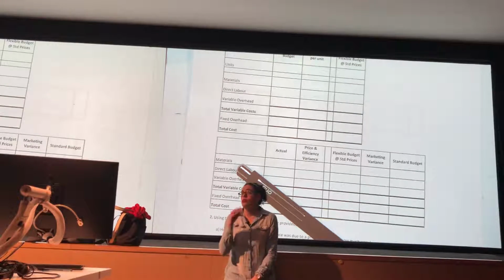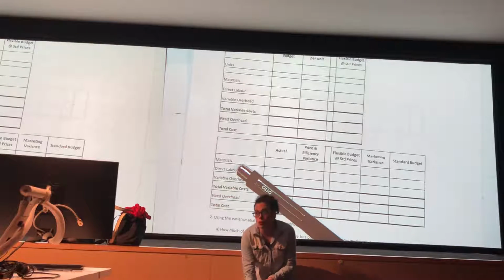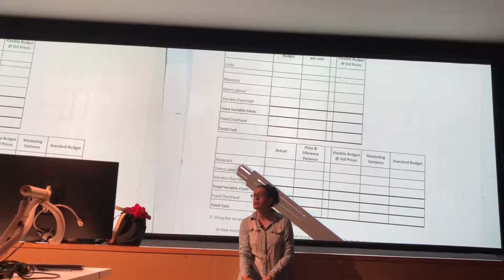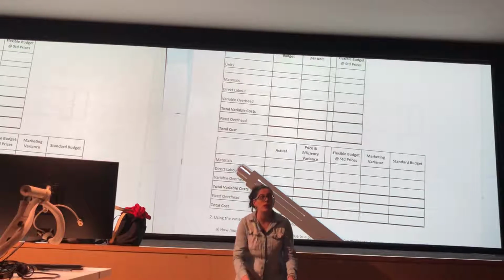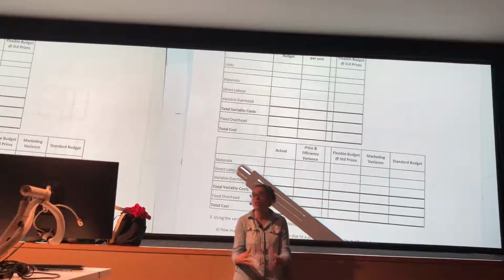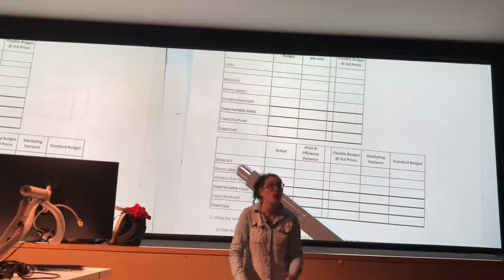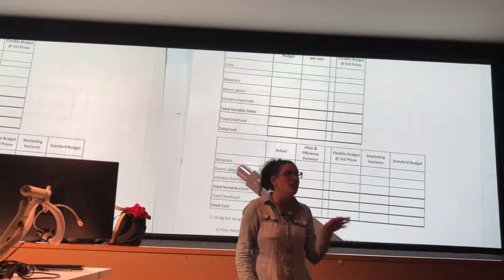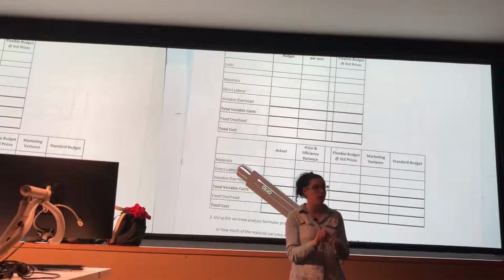Now we're going to actually look and say, we thought we were going to use 2 kilos of steel, but we used 2.1 kilos. We thought the steel would be $5 per kilo, and it was actually $6. We are actually going down the hidey hole to per kilogram and per hour.